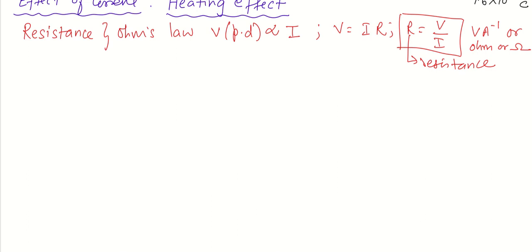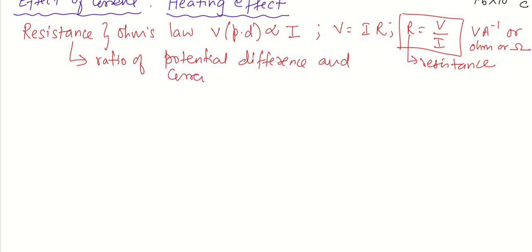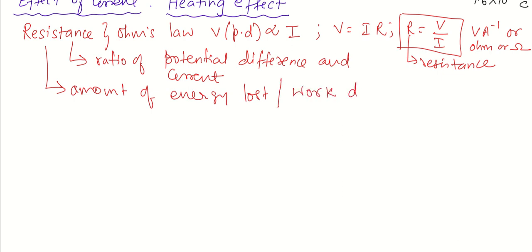Now I can define resistance in terms of V by I, so I can write it as the ratio of potential difference and current, or I can also write resistance as the amount of energy lost, or in terms of work done to overcome energy loss.